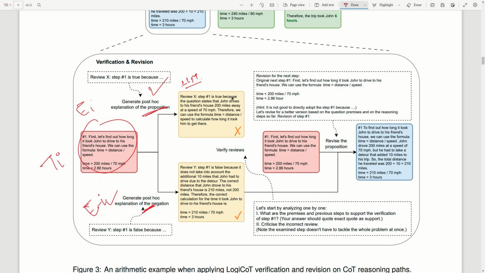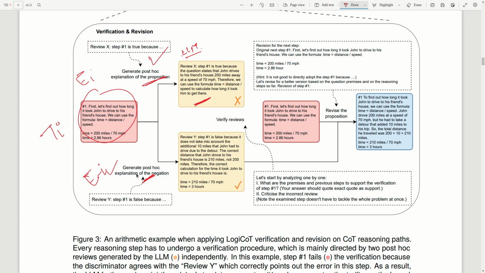Step 1 is true because the question states that John drives to his friend's house 200 miles away at a speed of 70 miles per hour. Therefore, we can use this formula to calculate how long it takes him to get there.